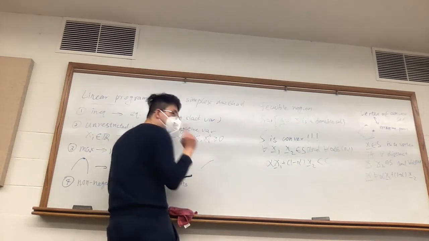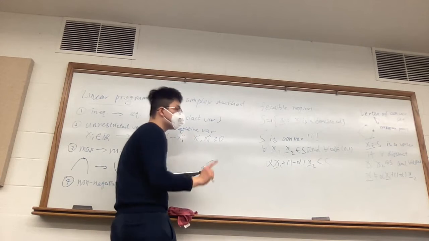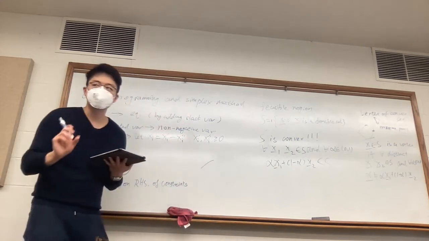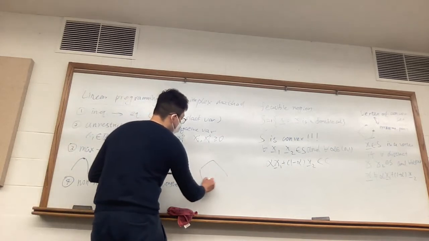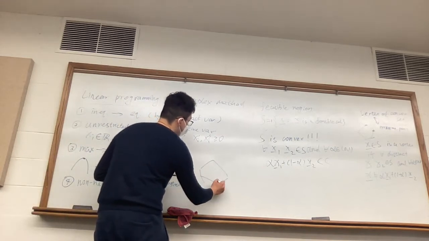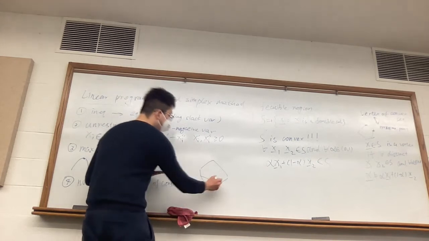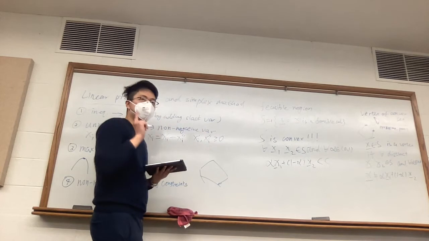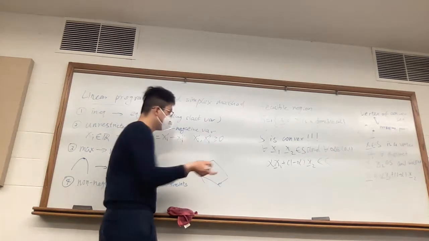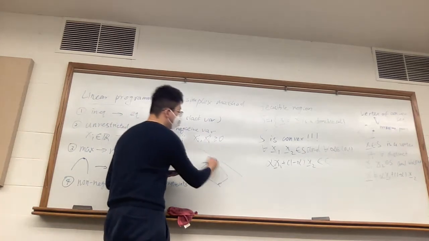You see that I have already said that our feasible region, that's all the x that satisfy the constraint, is convex. Let's say this is our feasible region. And you want to minimize some linear function. This is what you want to optimize.